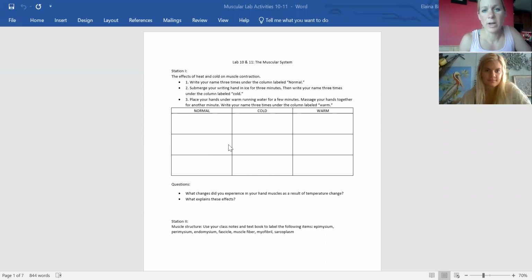So for station 1, again, everyone should do this, and then you'll have your own data for this. Again, you can take a picture and include that with your handout or whatever you're handing in. But you're basically just going to write your name normally with your hand after your hand's been submerged in ice water for 3 minutes, and then with your hand after it's run under hot water or something like that. To look at the difference in muscle contraction and dexterity and things like that.